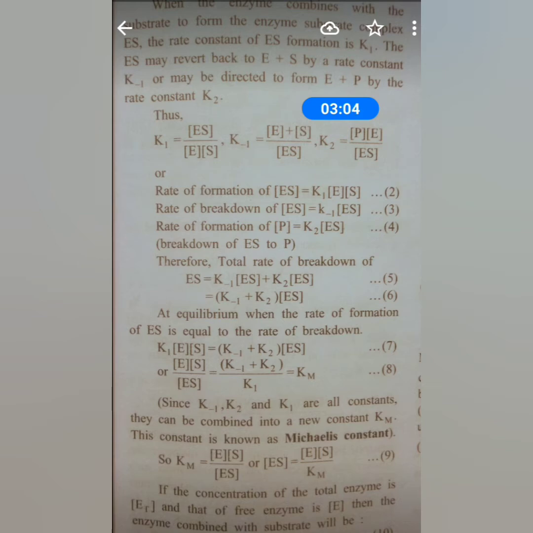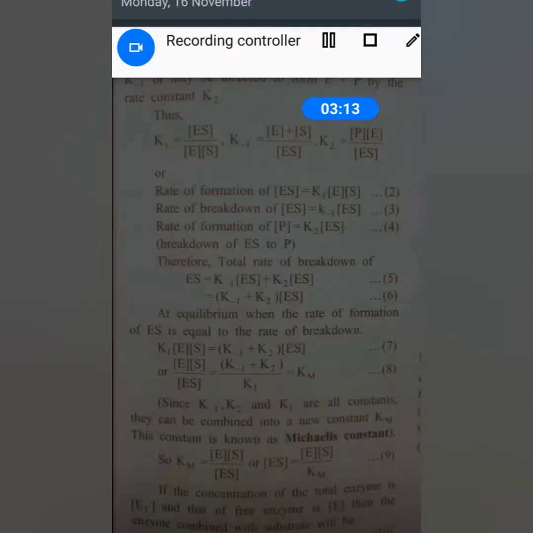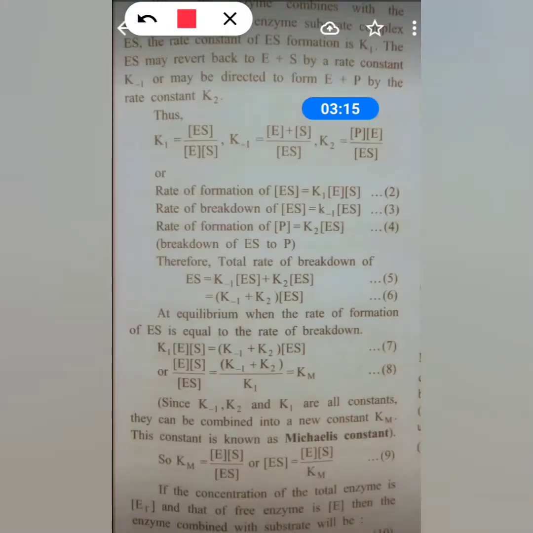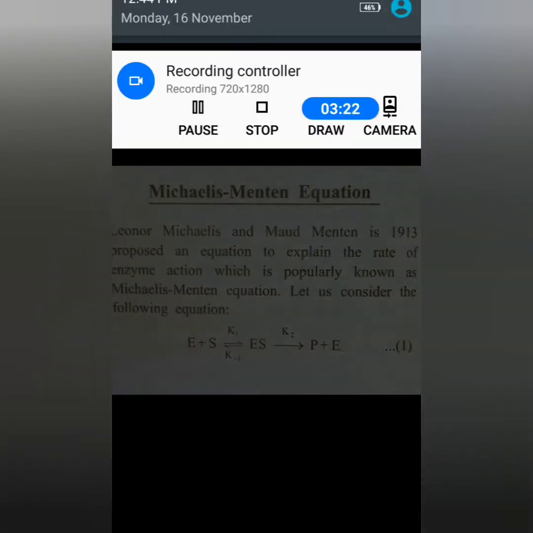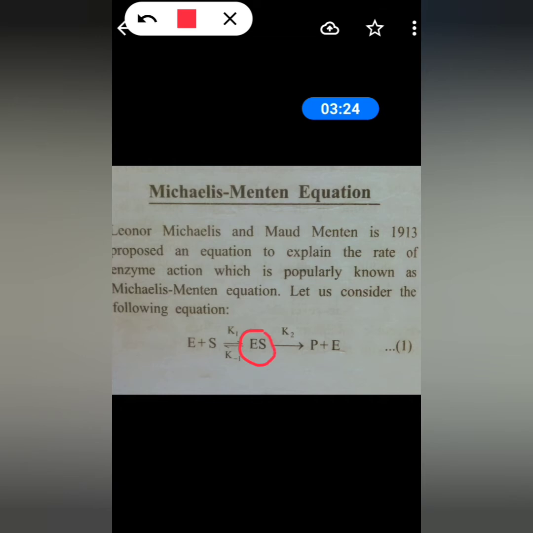Okay, so now considering the total rate of breakdown, when this enzyme substrate complex ES breaks down, it will either break down to give rise to E plus S, or it will break down to give rise to product plus enzyme. It can break down either way.